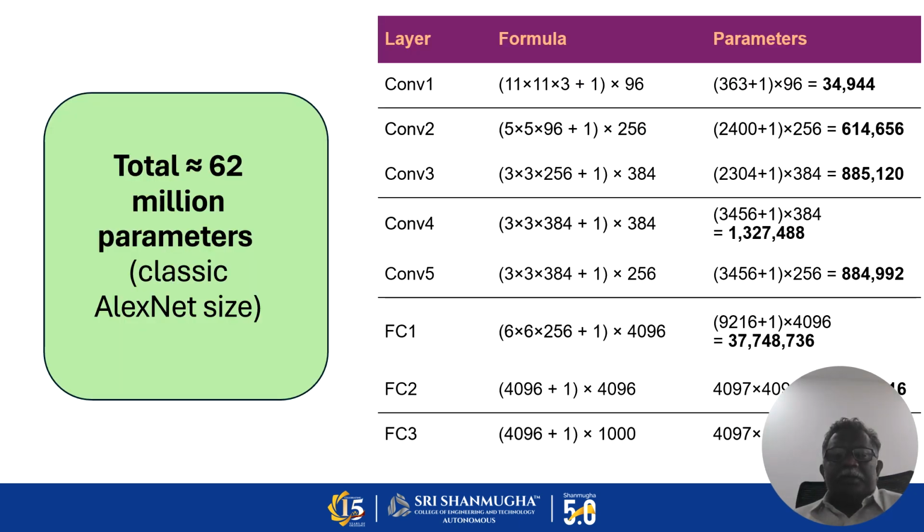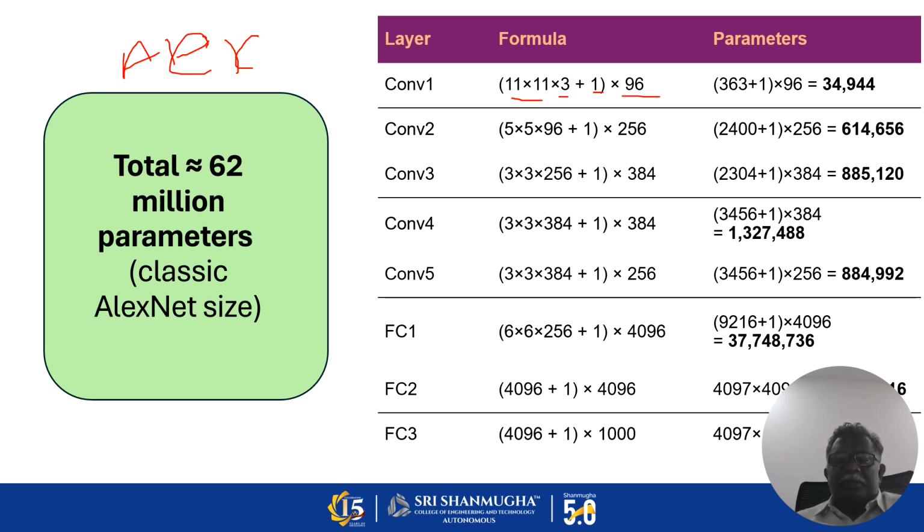We are interested in how many parameters we use in AlexNet for image recognition. As we discussed in the previous one, it is the kernel size, times the input channels, plus the bias, times the number of filters that we use.